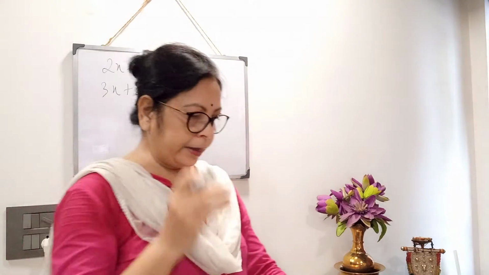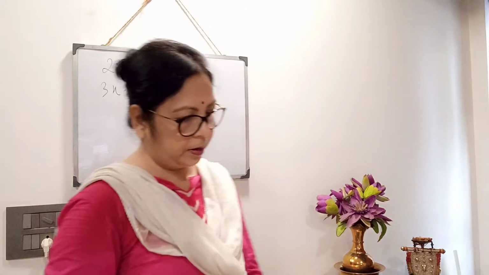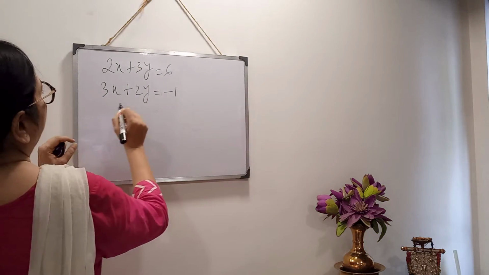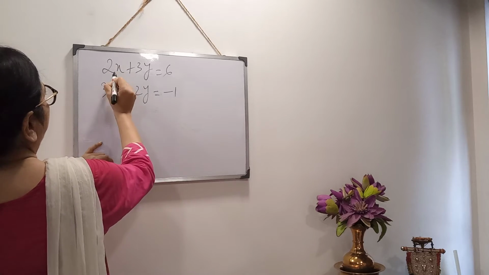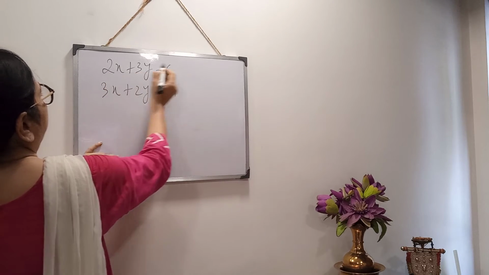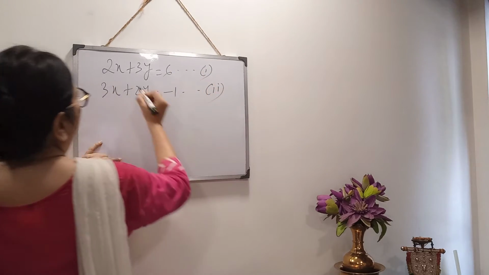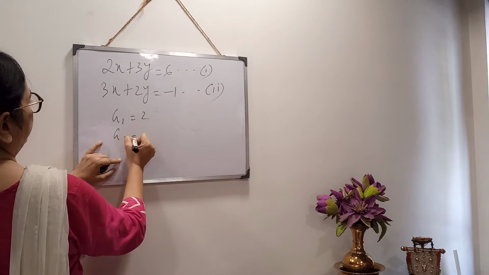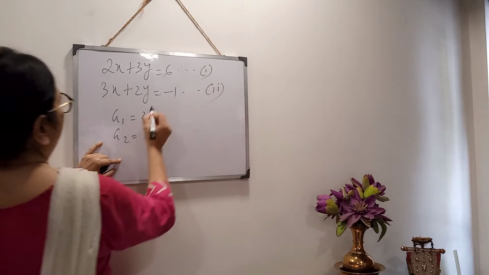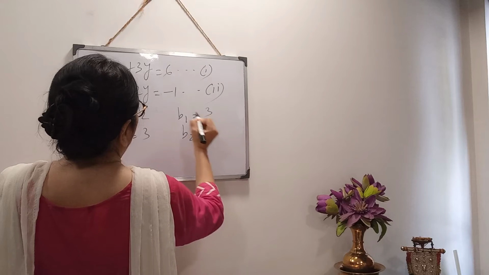We have to examine whether the following simultaneous equations are solvable or not. Clear? Here, first we have to find out what is my a1, what is my a2. Here a1 means from first equation, that is equation number 1 and that is equation number 2. Coefficient of x. Here a1 is 2, a2 from second equation is 3. Clear? Here b1 is 3, b2 is 2.